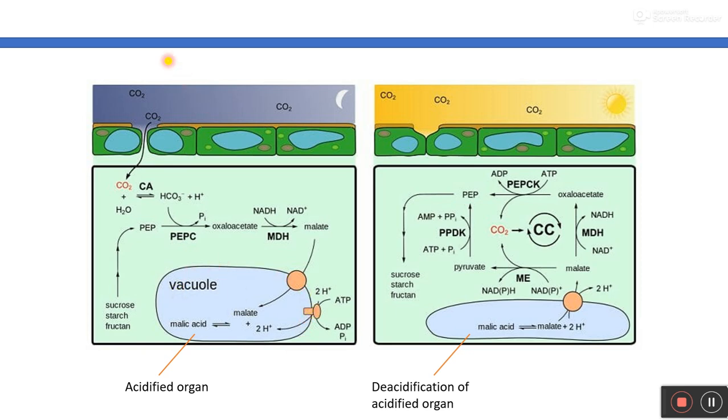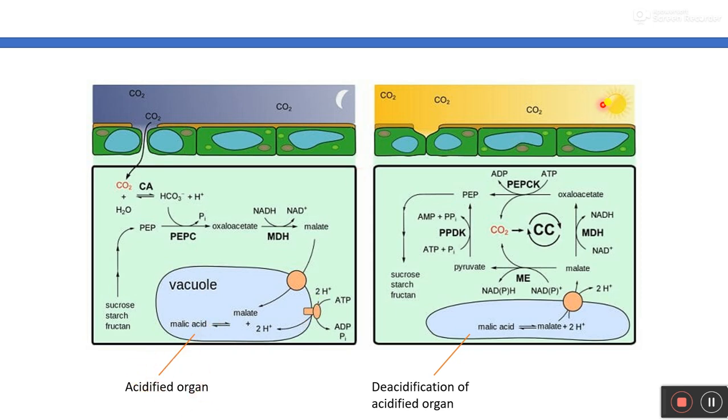So the fixed CO2 in CAM plants remains in the vacuole in the form of malate, and since malate is acidic in nature, the vacuole here becomes an acidified organelle.